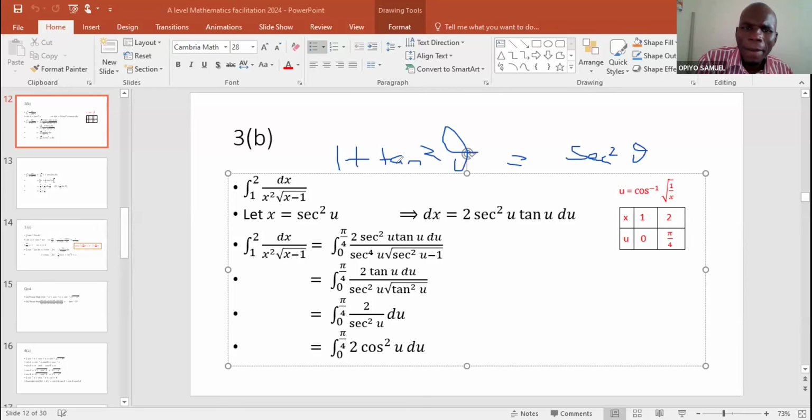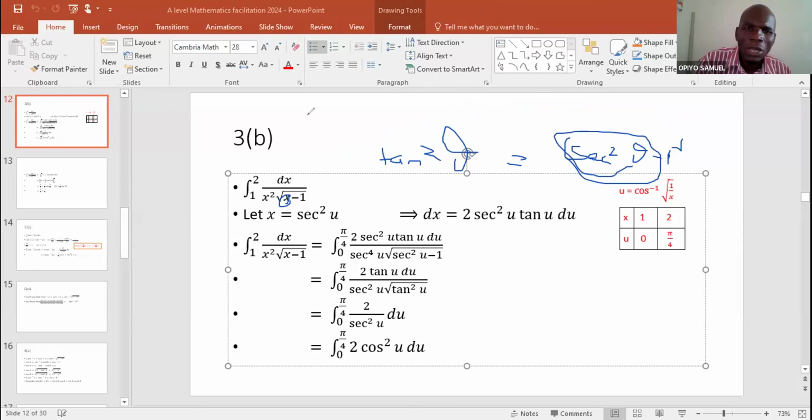If I take this one to the other side, this side becomes sec squared theta minus 1. When I compare this with what is inside the square root sign, it means I can take my x to be this part here. That's how I decided to use this.